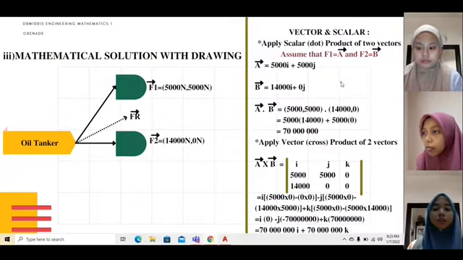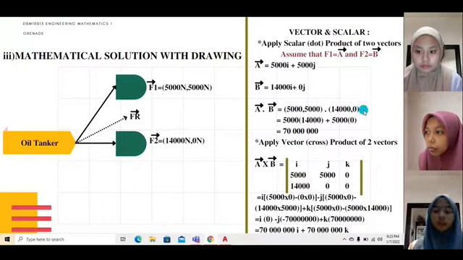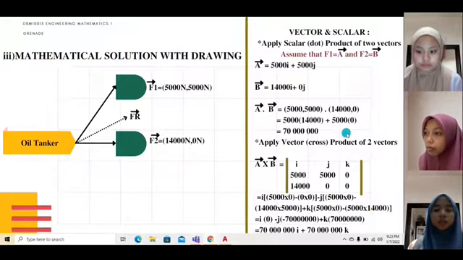Vector B is equal to 14,000 i plus 0 j. So vector A dot vector B is equal to 5000 X1 and 5000 Y1 dot 14,000 X2 and 0 Y2. So it is equal to 5,000 times 14,000 plus 5,000 times 0. So we get the answer 70 million.